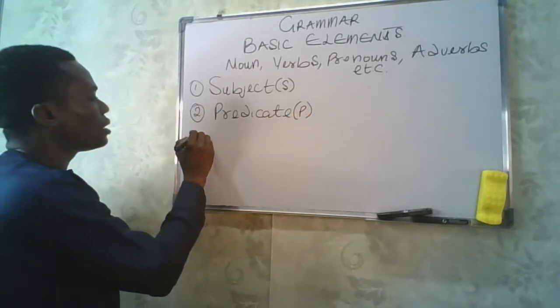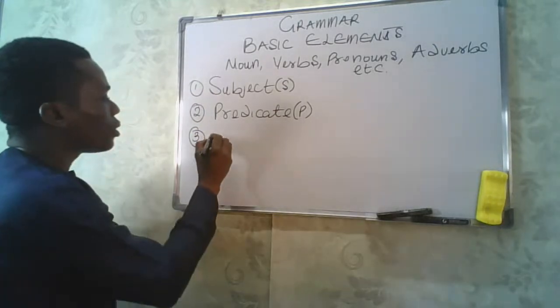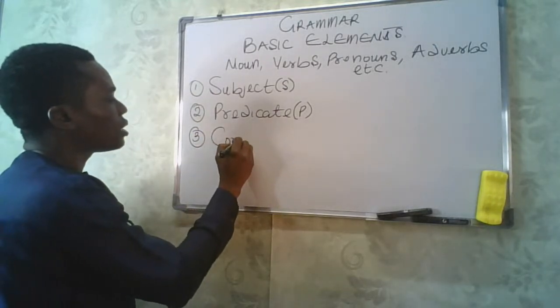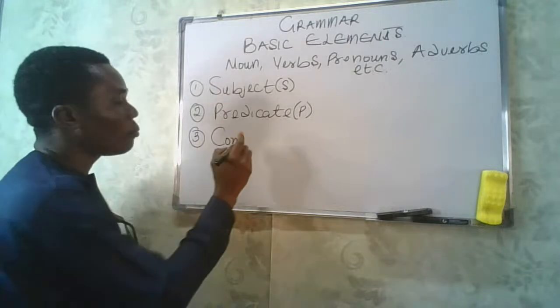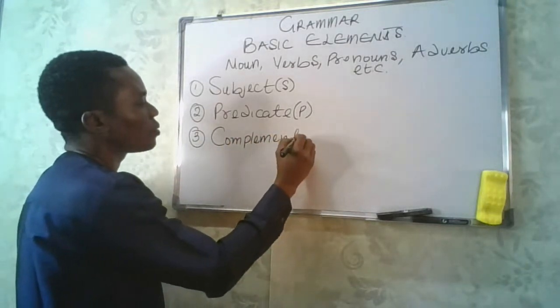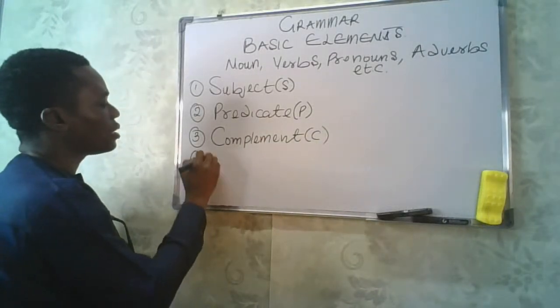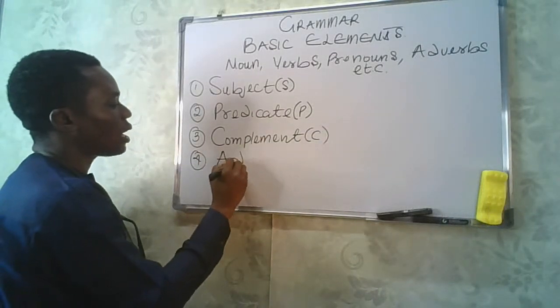And sentences also go with what? The third thing that must not be missing in a sentence is the complement. And that is C. And finally, in a sentence, we have the what? The adjunct.